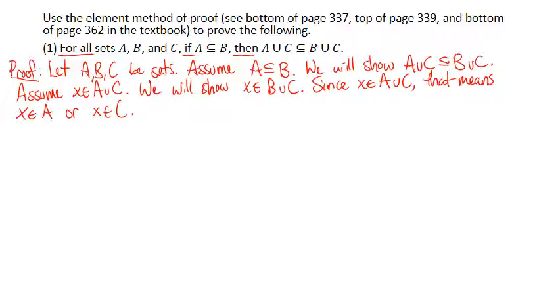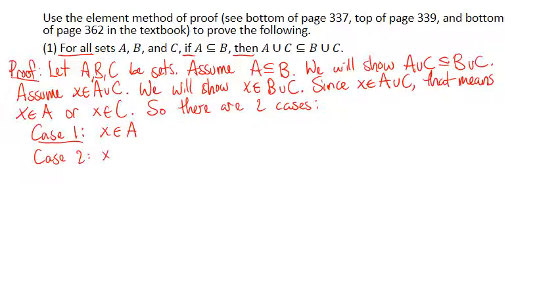Okay, so now, because we got an or statement, this means we have two cases, and those are coming from the or statement. So case 1 is X is an element of A, and then case 2 is X is an element of C. So one of these has to be the case. So as long as we can show that both of them lead to X being an element of B union C, then we will have shown it in every case.